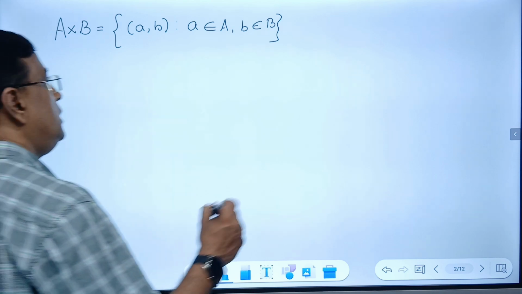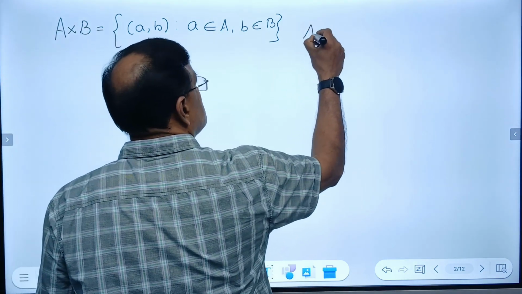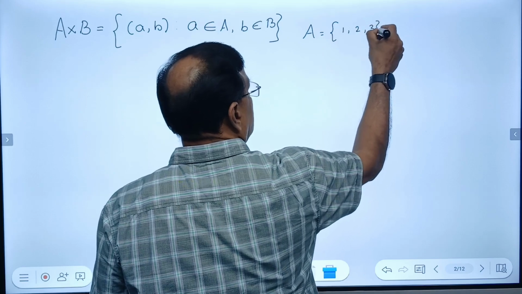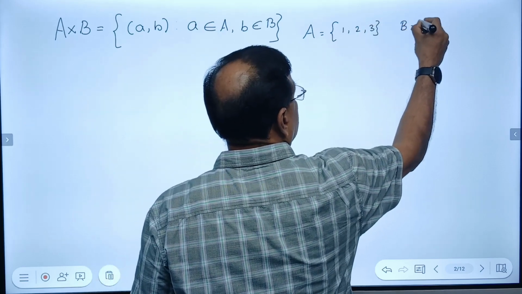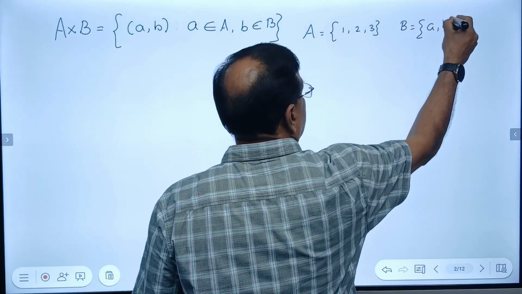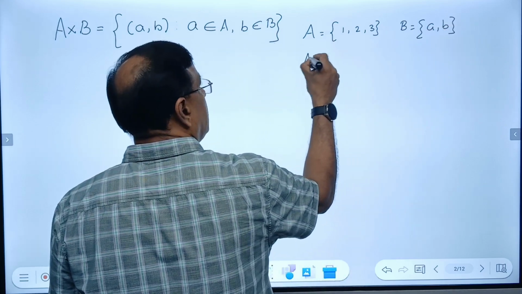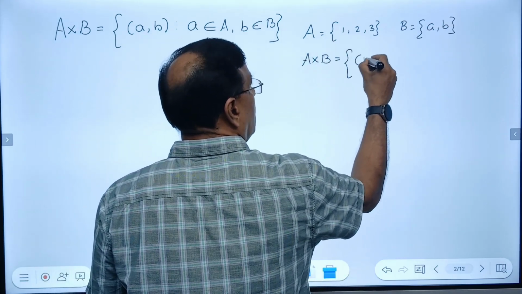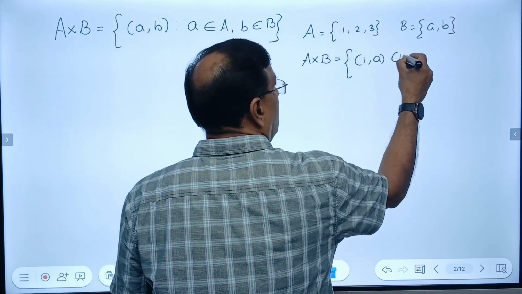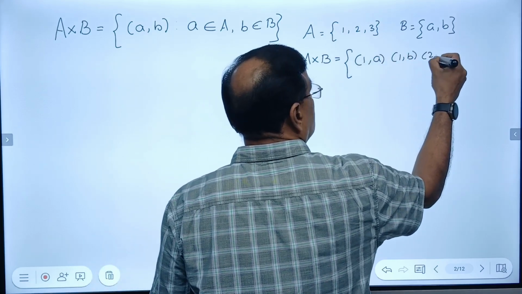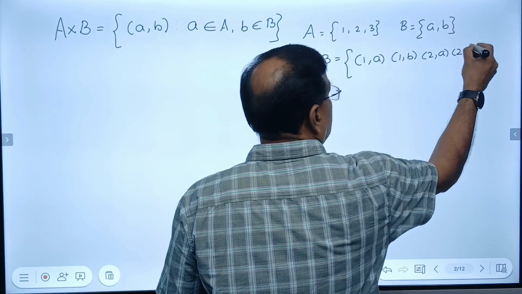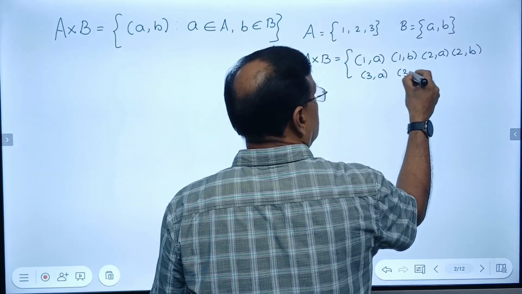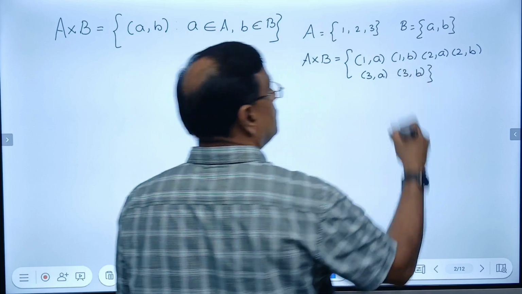Now let us take one simple example. Suppose A is {1, 2, 3}, and B is {a, b}. So how do I find A cross B? A cross B is (1, a), (1, b), (2, a), (2, b), then (3, a) and (3, b).